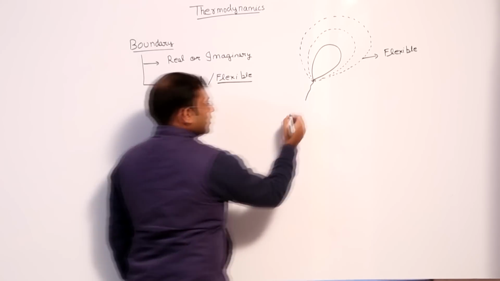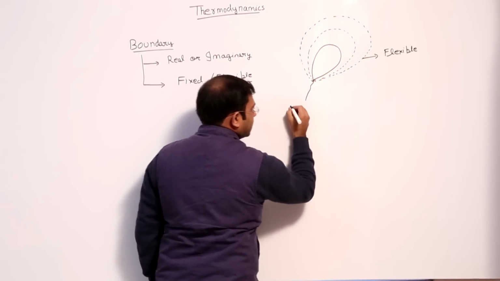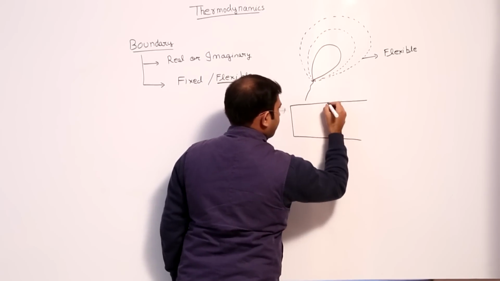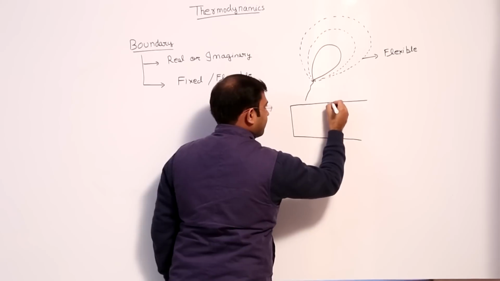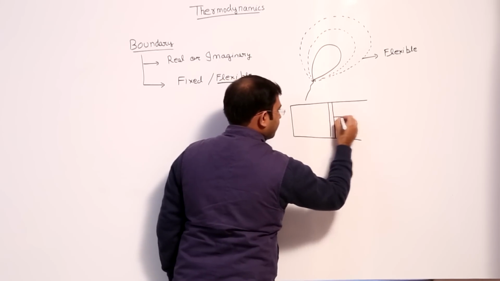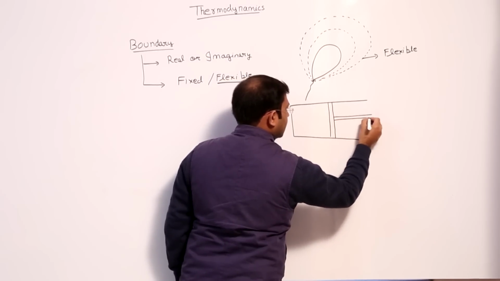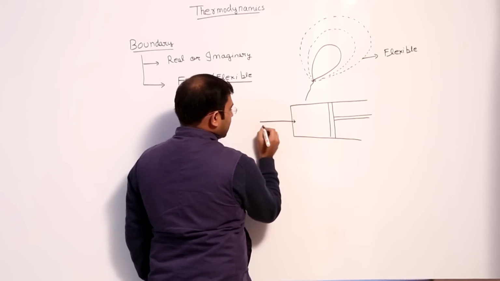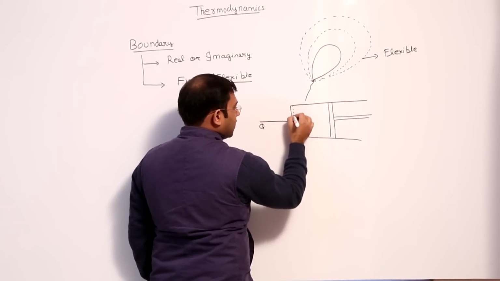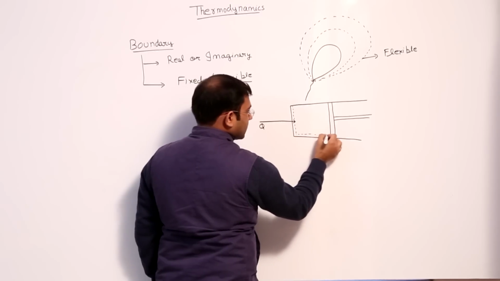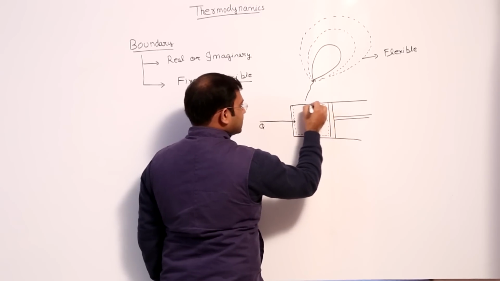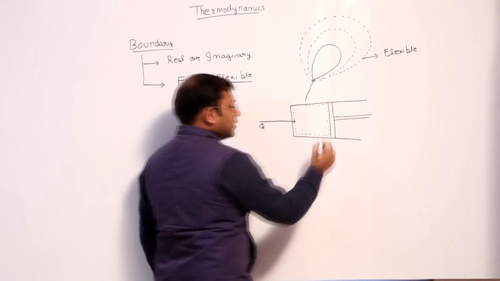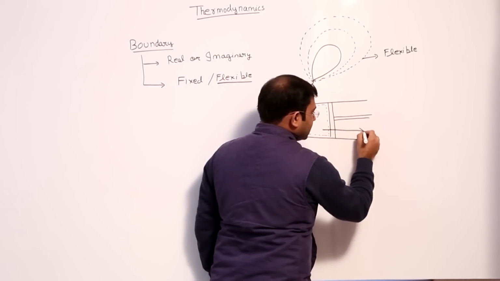Fine. Now consider another example: a piston cylinder arrangement, and we are giving heat to our system. This is our system. When we give heat to this system, the piston will move in this direction.